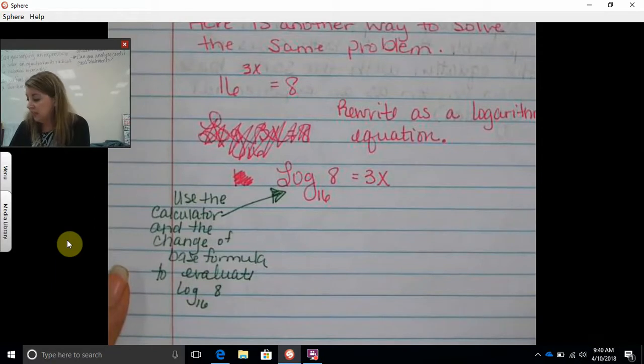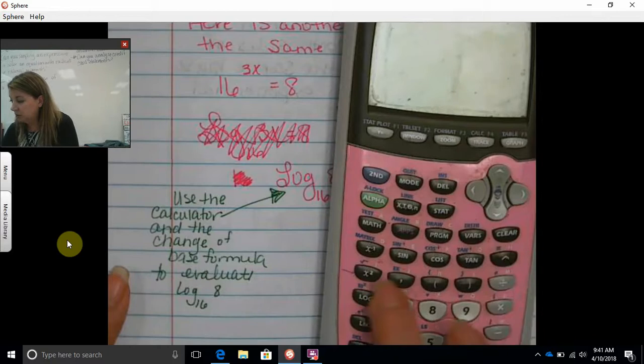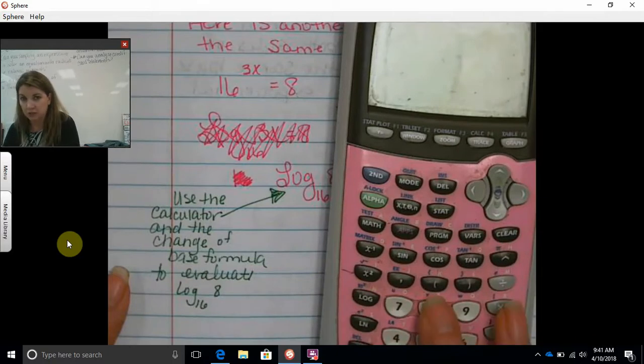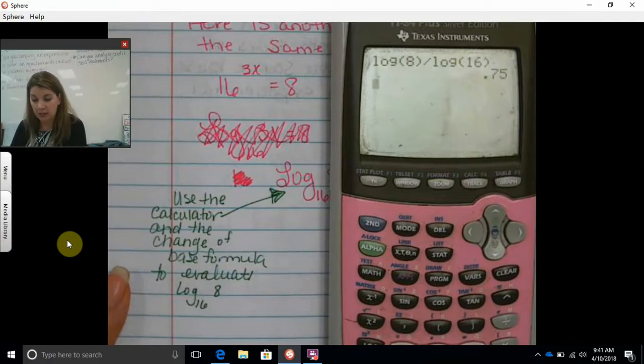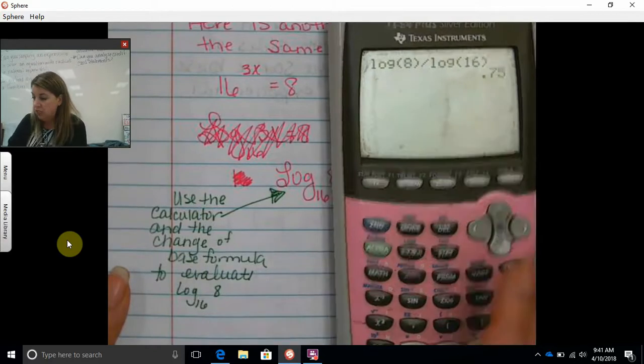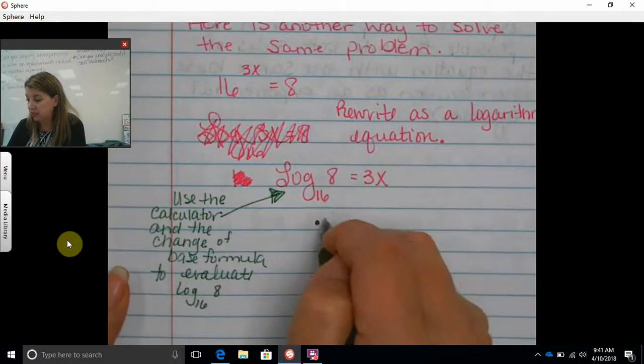So I said use the calculator and the change of base formula to evaluate log base 16 of 8. In my calculator, I'll do log of 8, close parentheses, divided by log of 16, and I get 0.75. So the left side of my equation is equivalent to 0.75.